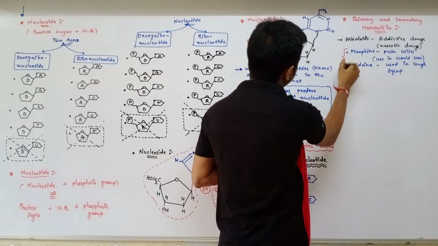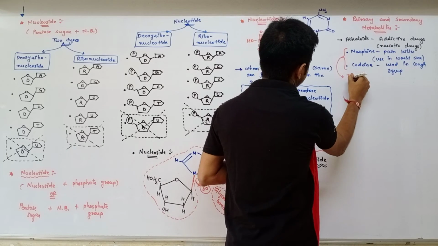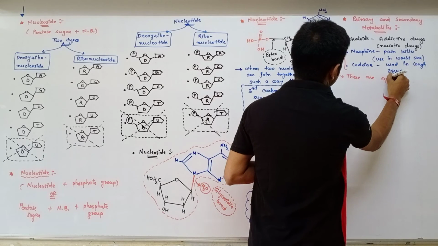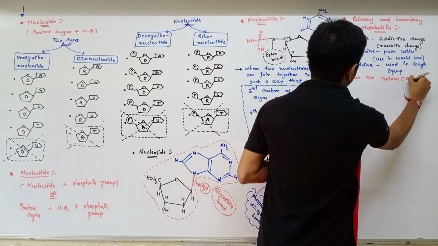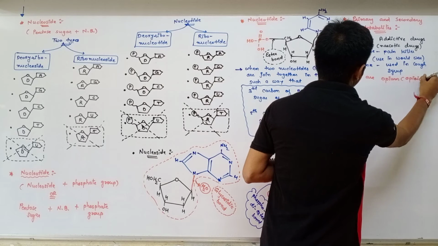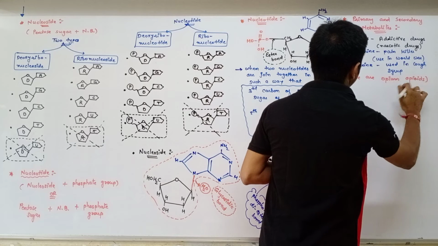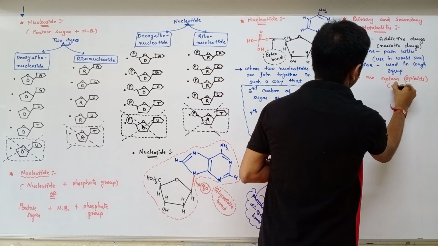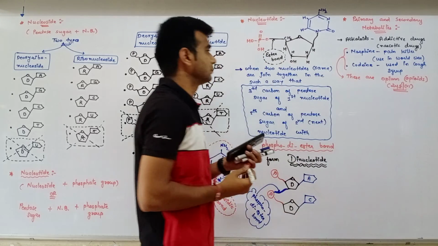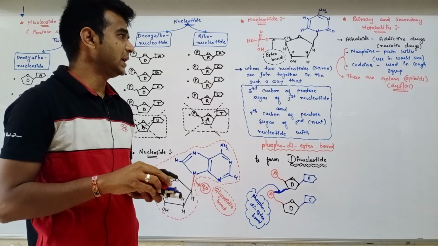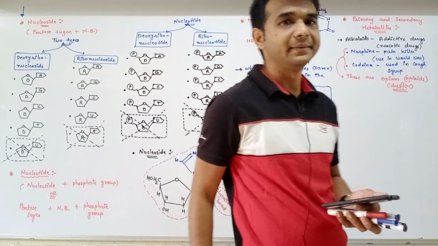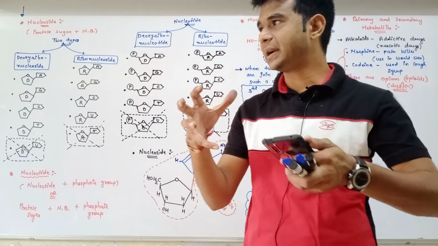So these are opioids. Morphine and codeine are opioids, which is called opium. This is extracted from the plant.